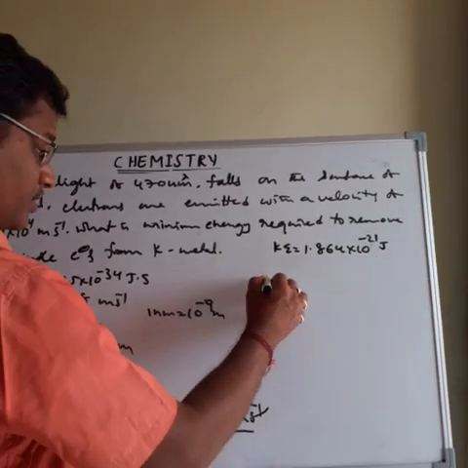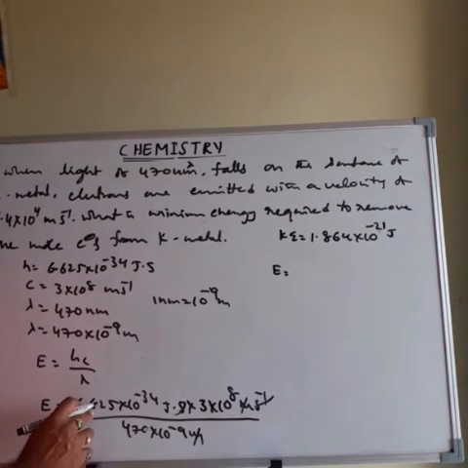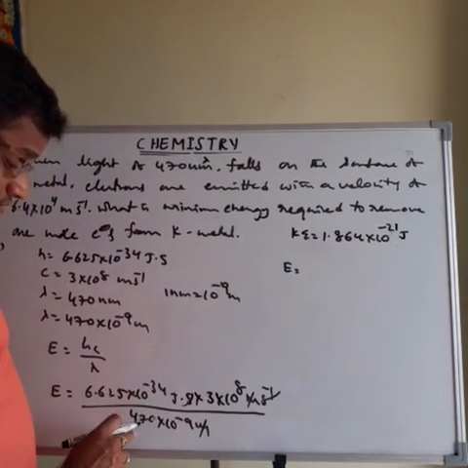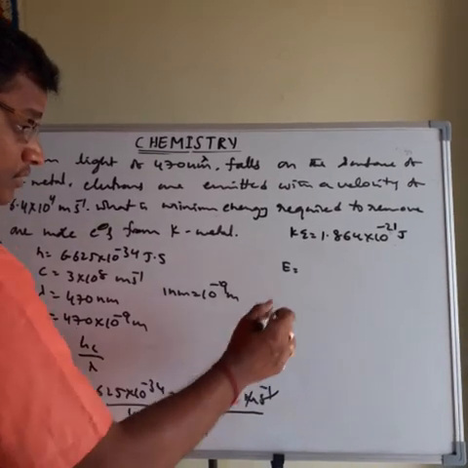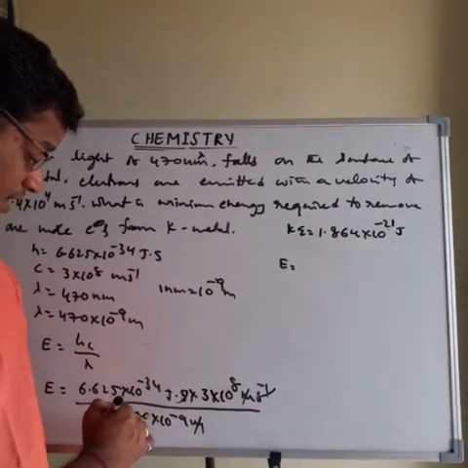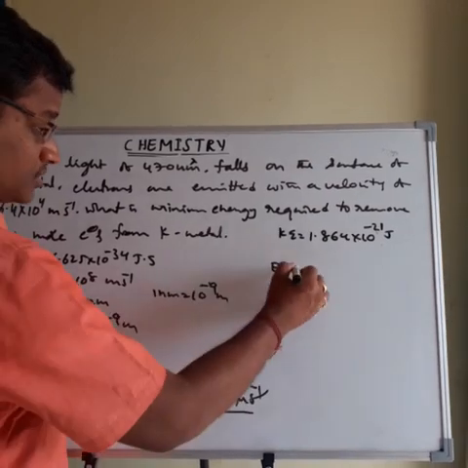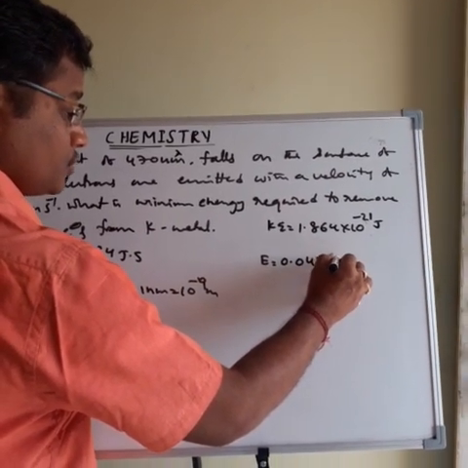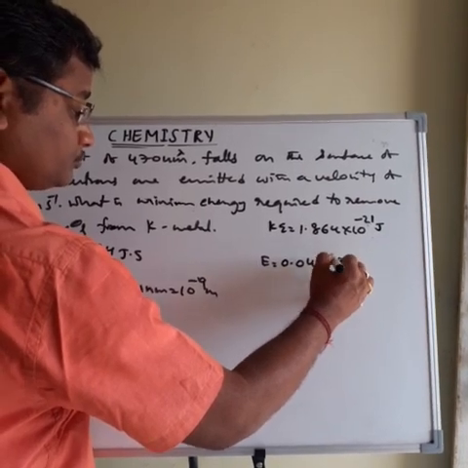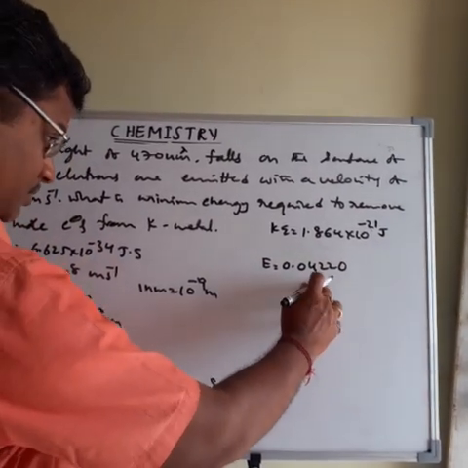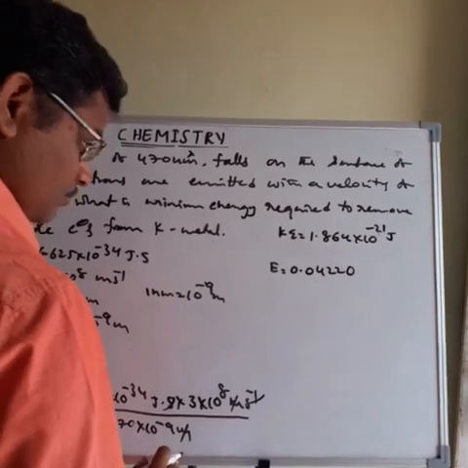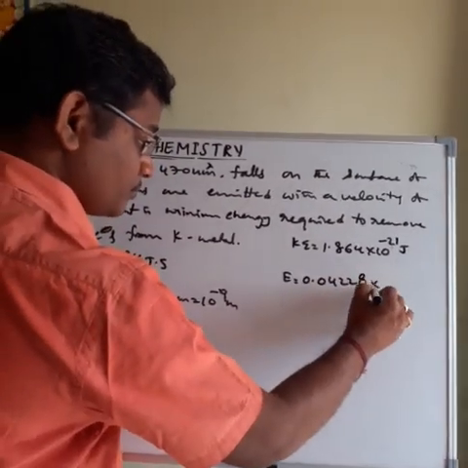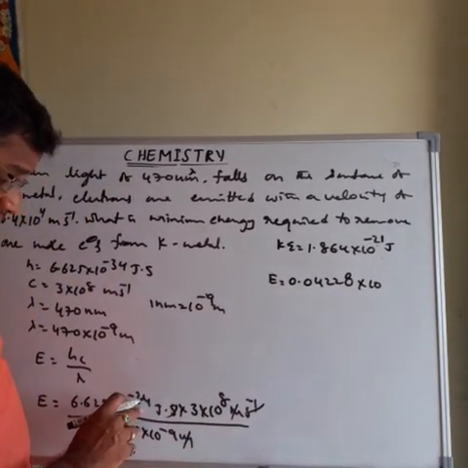Then energy value E is equal to 6.625 into 3, which is 19.875, divided by 470. Its value is 0.04220, that is 422 into 10 power minus 34.